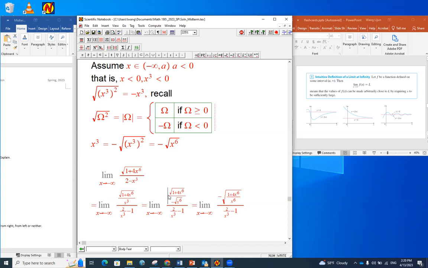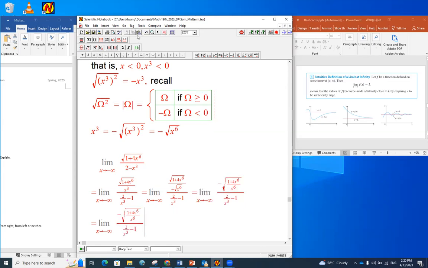You can see from this step to the next step, that's how you get this extra negative sign. And of course, the next step inside the square root is to take x raised to the power 6 divided into 1.